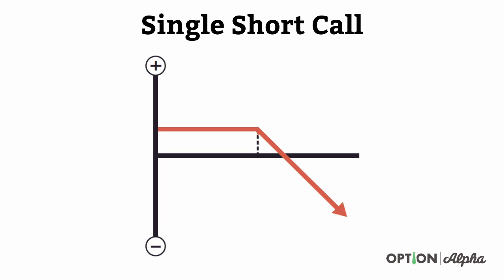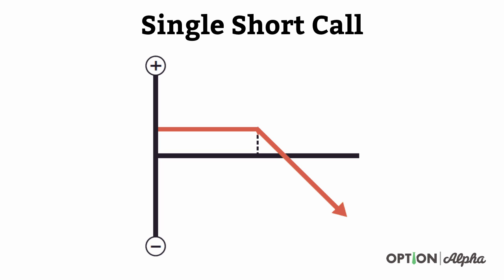You guys are familiar with this payoff diagram, but basically with a short call option, you have limited profit potential and unlimited risk. The stock can rise to infinity if it possibly can, and you would carry that risk throughout. But again, we have a high probability of profiting on this trade.